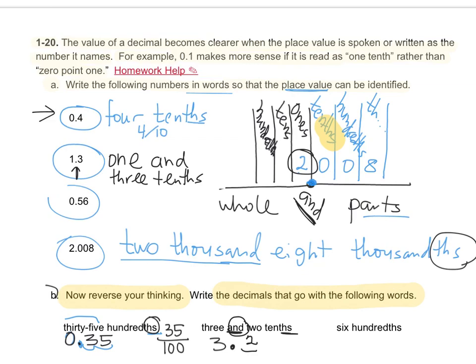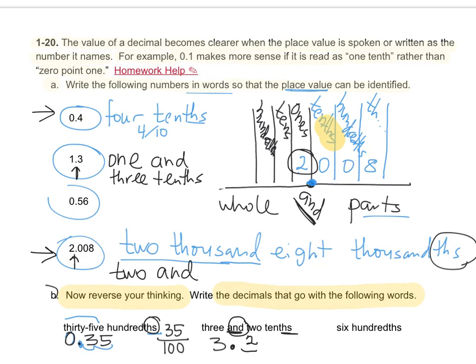Now, with that logic, let's try to change this number. We wrote 2008 thousandths, but we could actually make it more simple and say 2, and then I say and, so that's the decimal place, and now I have 8 in the place of the thousandths.